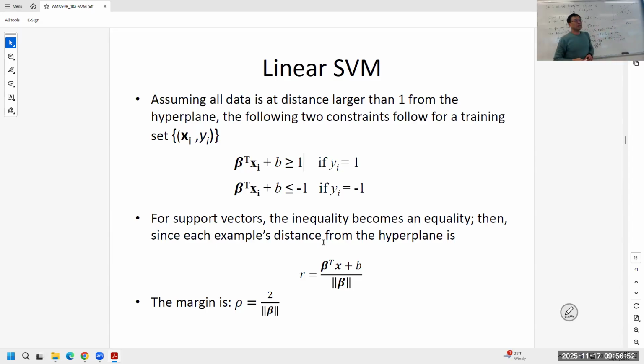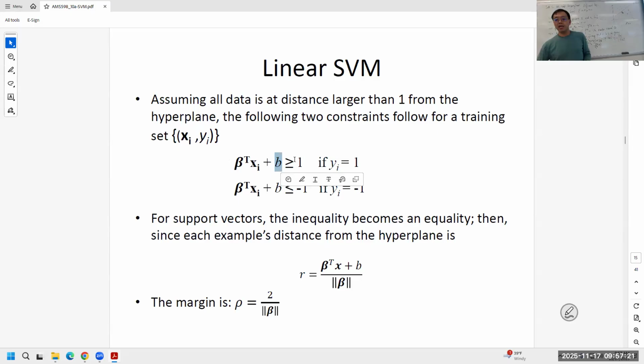All you can do is divide your beta and b by lambda. You just renormalize your beta and b, because they are parameters. You haven't really defined what the values of beta and b are. That's the parameter we have to maximize. So if your distance is not 1, you just rescale your beta and b.